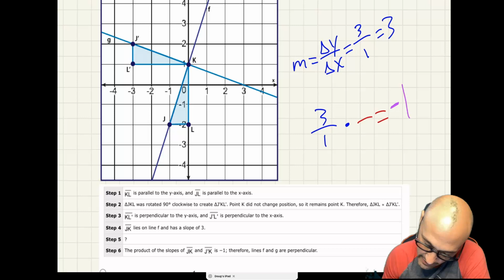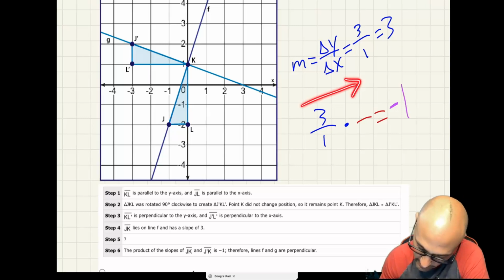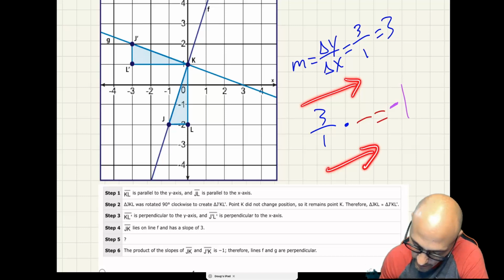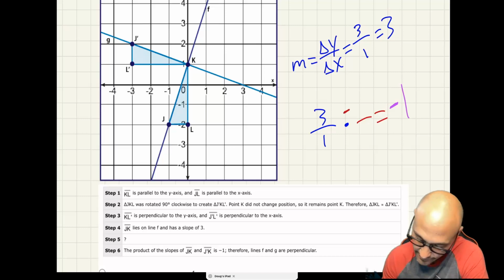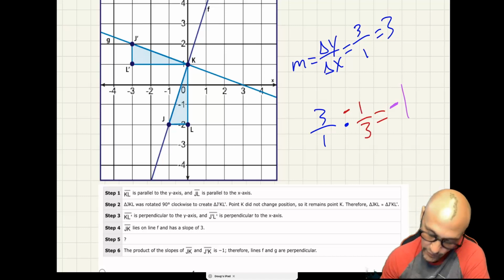The only way to get -1 is if when we multiply across the top and across the bottom, we get the same thing. So in this case, this has to be negative, because a positive times a negative is a negative, and it's got to be 1 over 3.